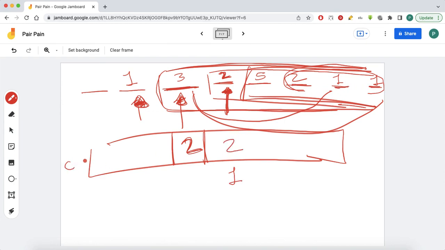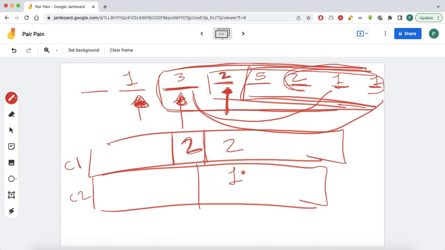So let's say this is the array of count of ones and the array of count of twos. Okay, so for this position the count of ones is 2 and the count of twos is 1. So this total will be added to our global answer.